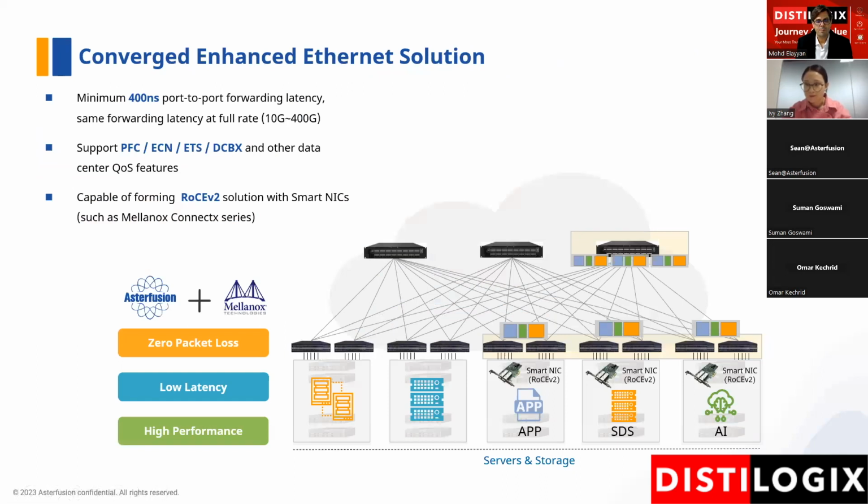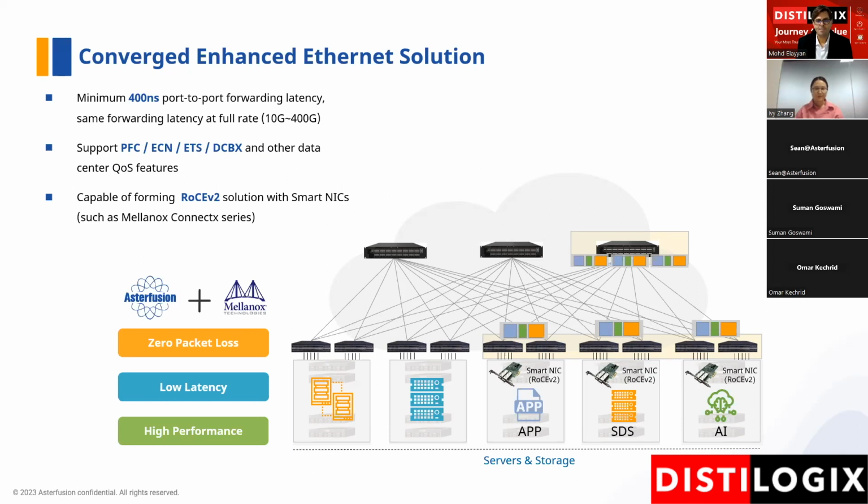Another important application scenario of CXN is the converged enhanced Ethernet solution. As we know, in some HPC scenarios, customers are using Mellanox InfiniBand switches to handle the RDMA protocol. The biggest issue of InfiniBand is that it is too expensive and specialized.